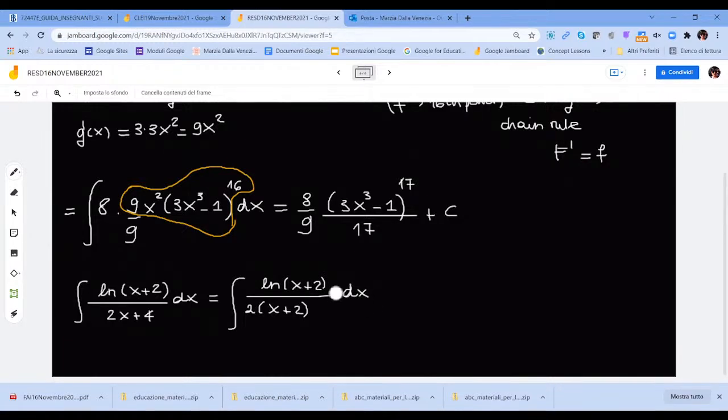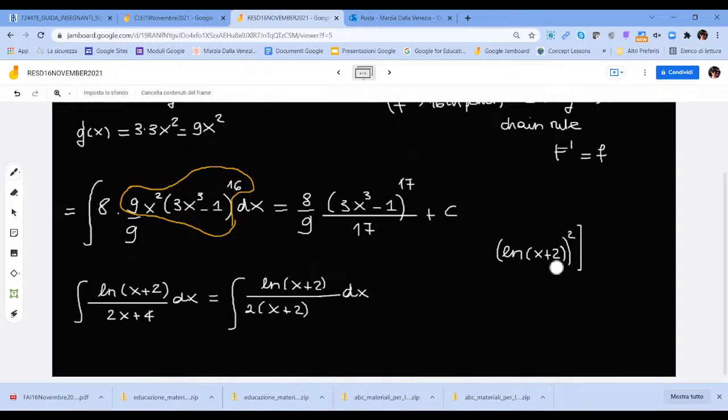And how do you compute this one? You could recall that for the power of logarithm, if you compute the derivative of this one, squared, I need the parentheses.